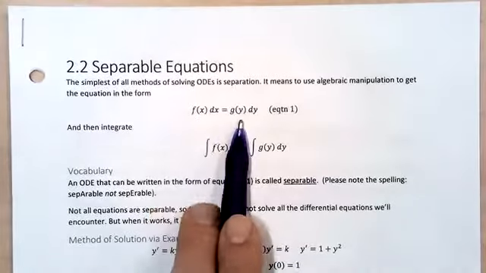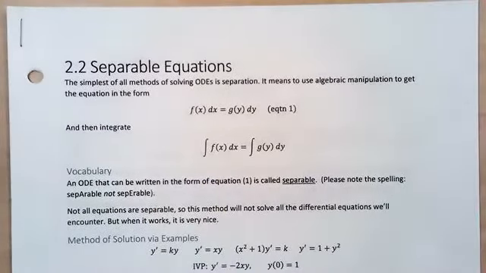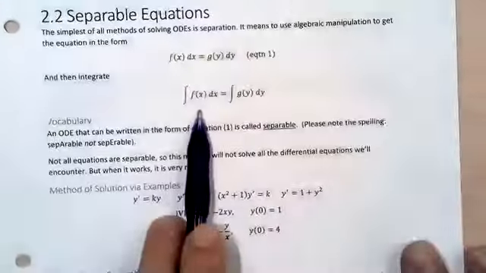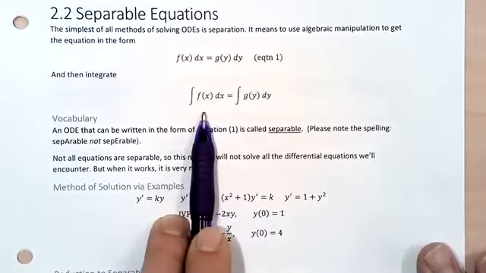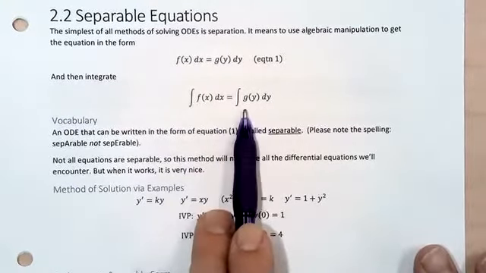Of course, these could be y and t, or a and b, any old letters you want. But the idea is you can split them up. And if you can, then oftentimes, not always, you can solve the equation by taking antiderivatives.